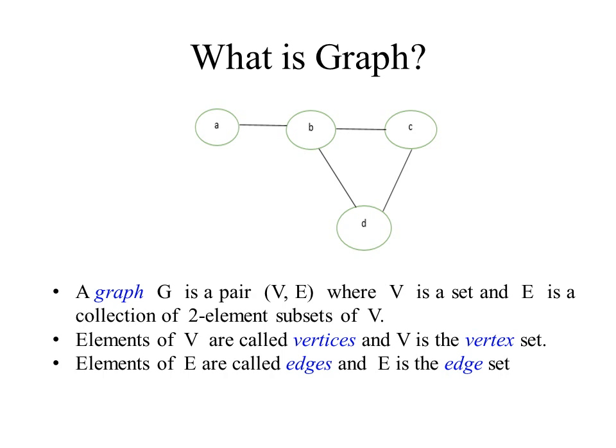A, B, C, D are all elements of your V set, called vertices, and V is the vertex set. The elements of E, the edges connecting A to B, B to C, C to D, B to D, are all called the edge set, and E is a set.